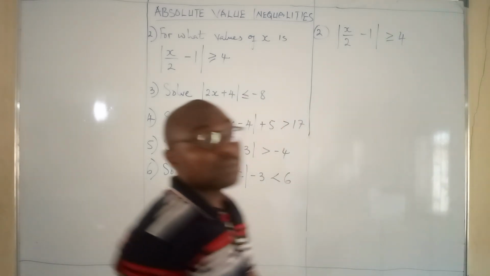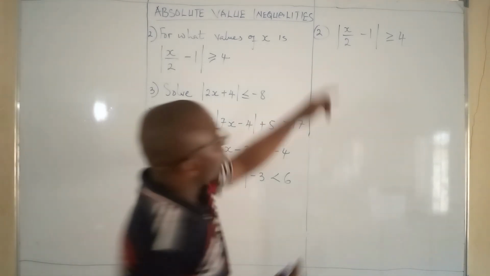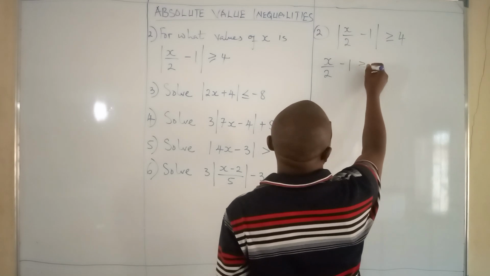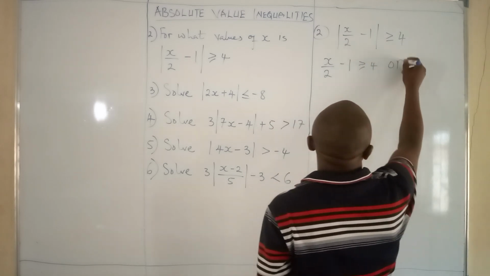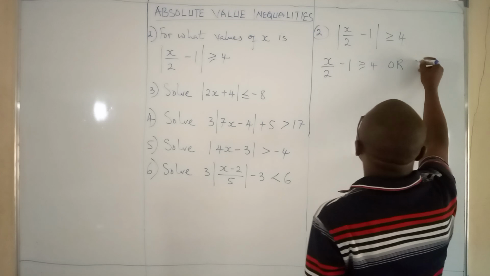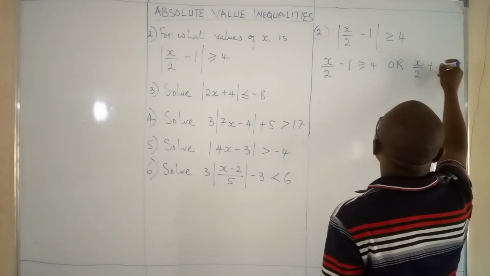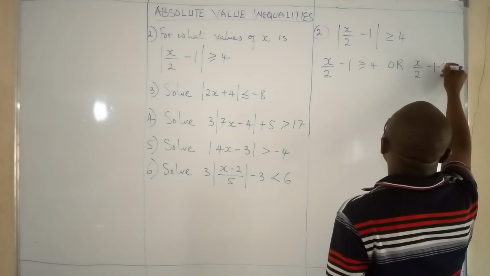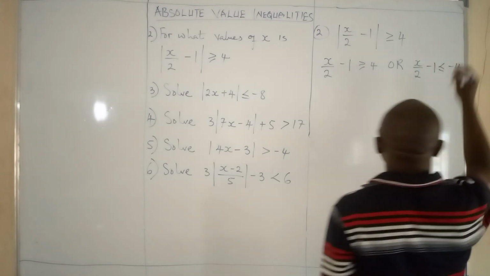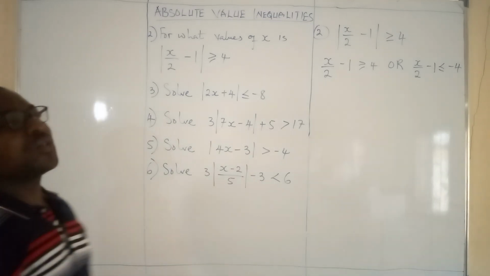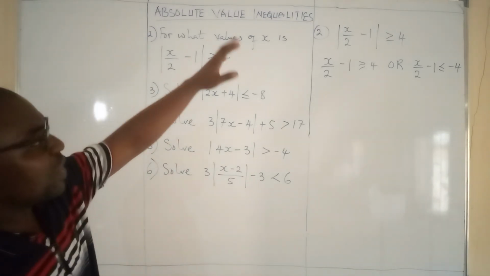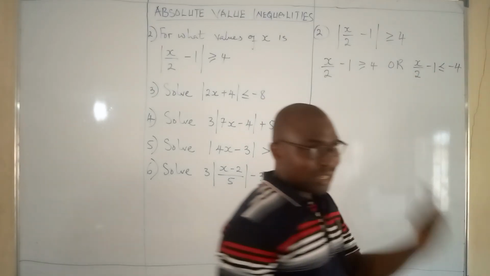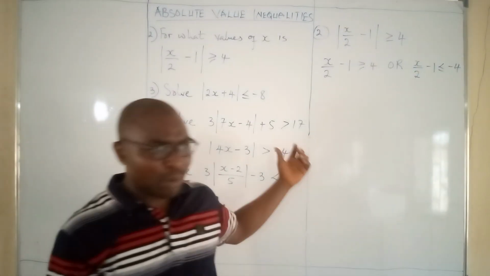So recall that this will become x over 2 minus 1 is greater than or equal to 4, or x over 2 minus 1 is less than or equal to negative 4. If you go through absolute value inequality part 1, you understand why I'm expressing it like this or like this. That's why I'm saying it is advisable you go through part 1 before coming over to part 2.